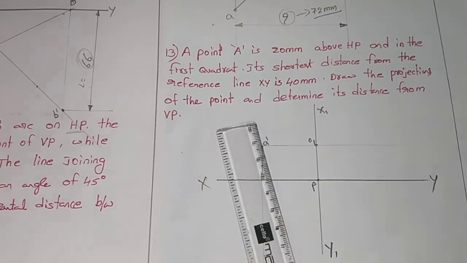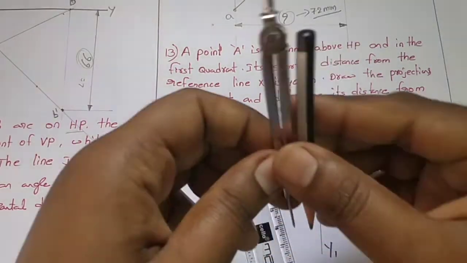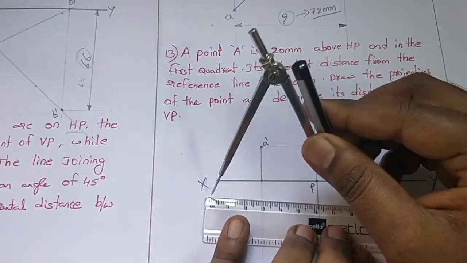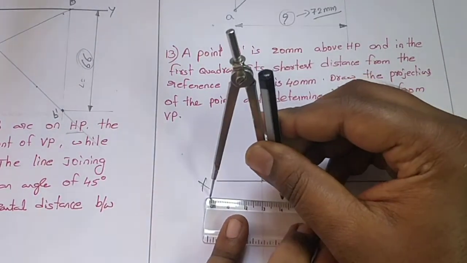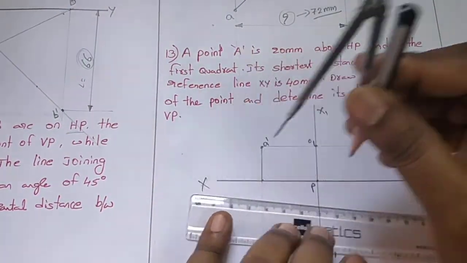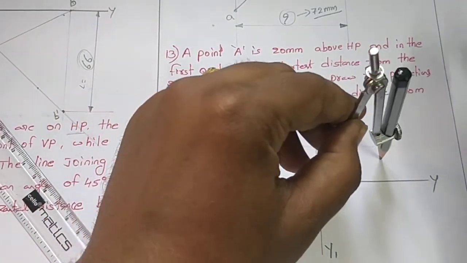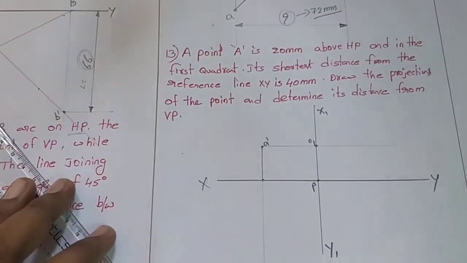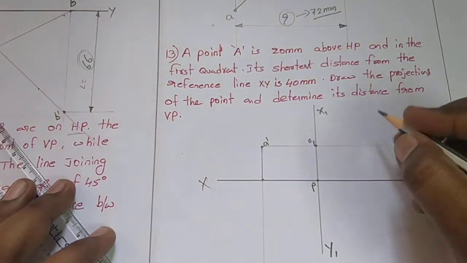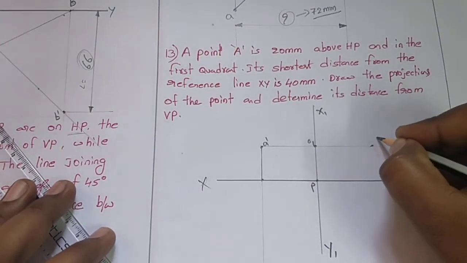Next, by using compass, measure 40 mm distance. That is the shortest distance from the point. Okay. From P as center with radius 40 mm, cut this line. We got one intersect point. It is the A double dash.